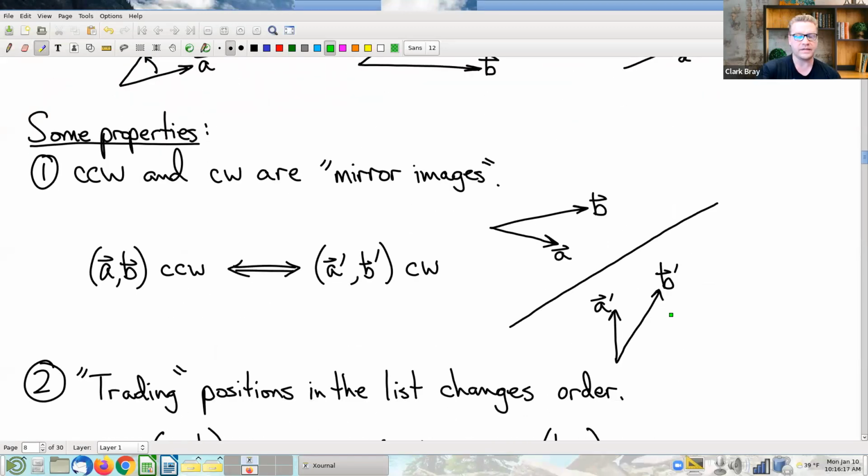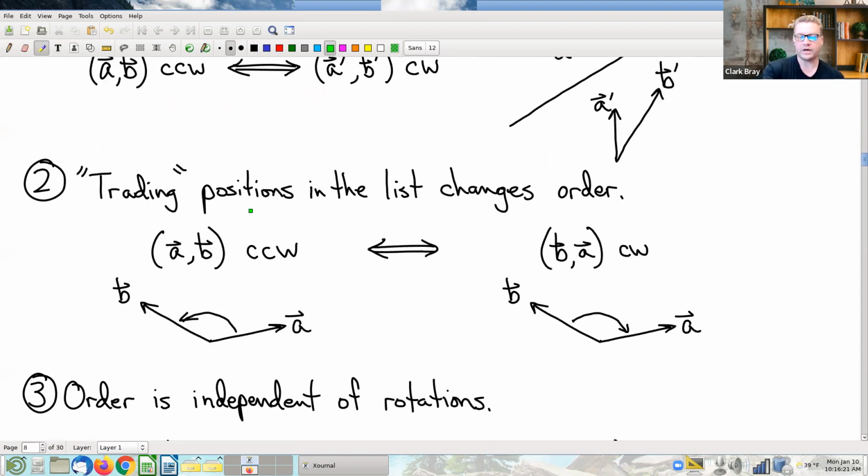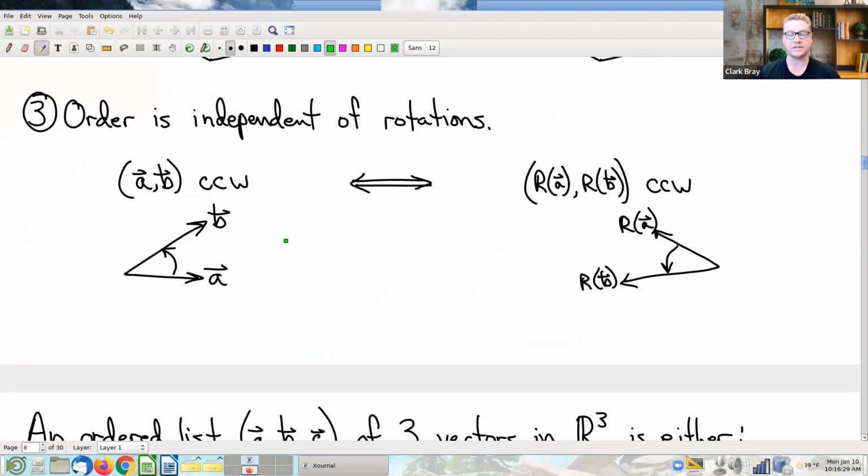These two orderings are mirror images of each other. If you trade the positions of the two vectors, you switch the order. And one I think is underappreciated is that it's independent of rotations. As long as you rotate both the same way, the same amount, this is preserved.